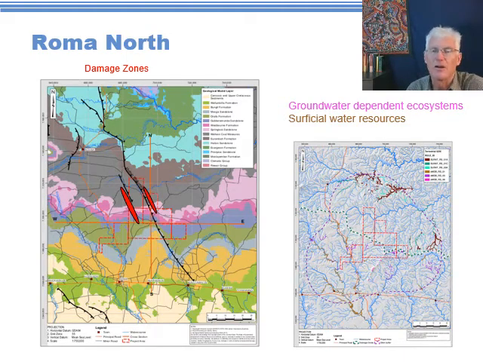These are where certain flora and animals may depend on the groundwater resources, and if those are drawn down or compromised in some way, there could be significant damage. And then there are also superficial water resources like lakes or particular rivers that are similarly valuable.